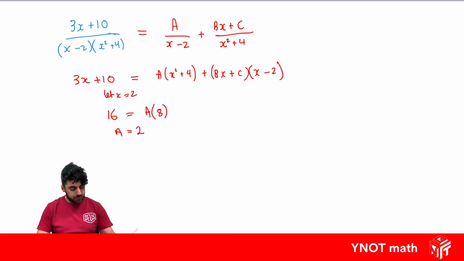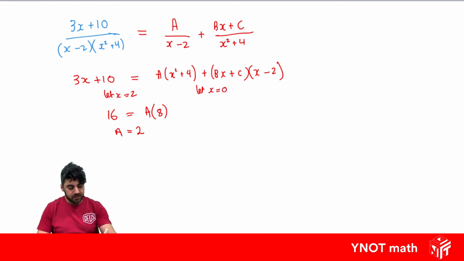For example, letting x equal 0 will cancel out this b term, and we already know a. So let's go ahead and do that. Let's let x equal 0.